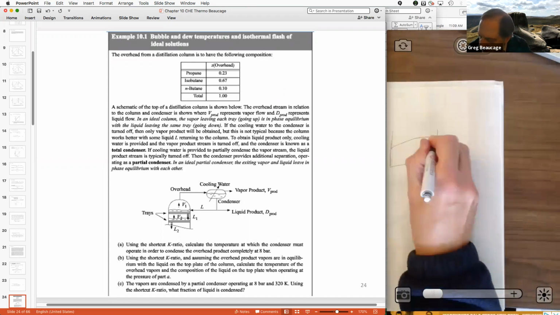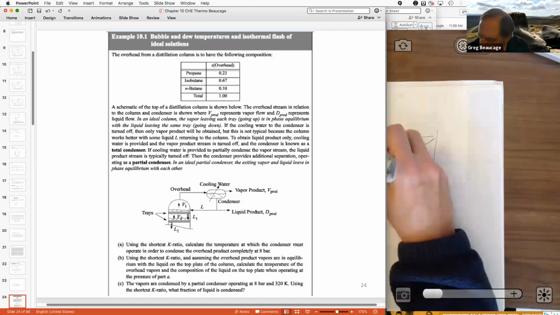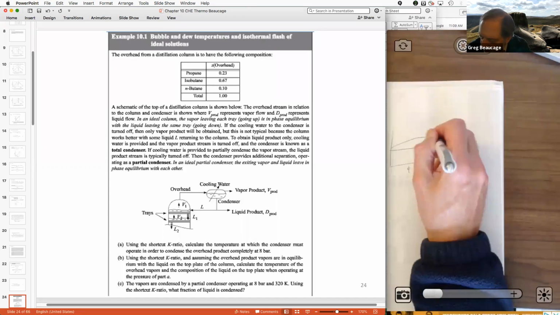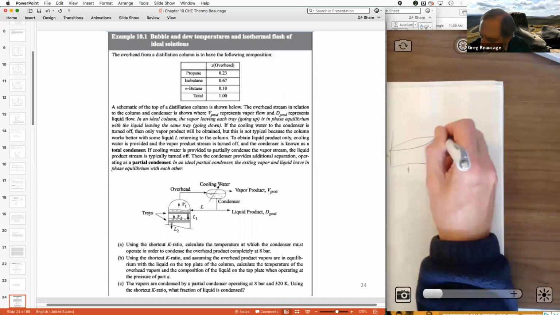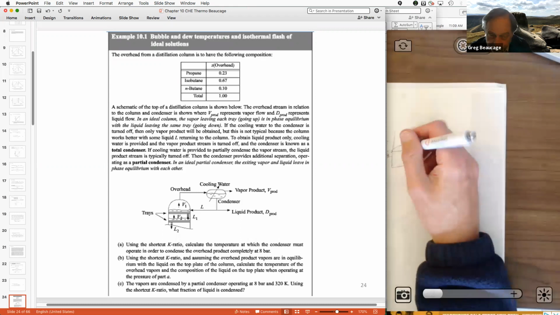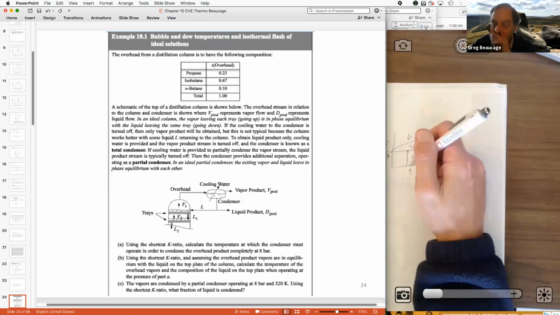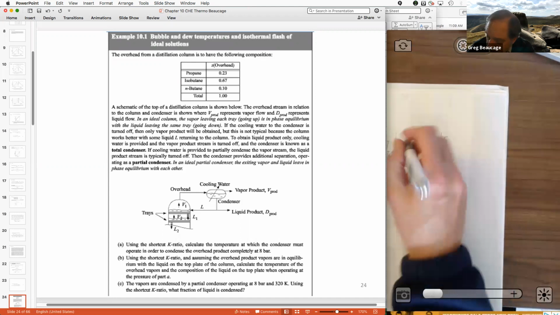So you have temperature, you have composition. And then I have the T of A and T of B, the boiling temperatures. And then I have some composition. This is liquid, this is vapor. And I'm going to do a flash. I'm going to end up at a point here.